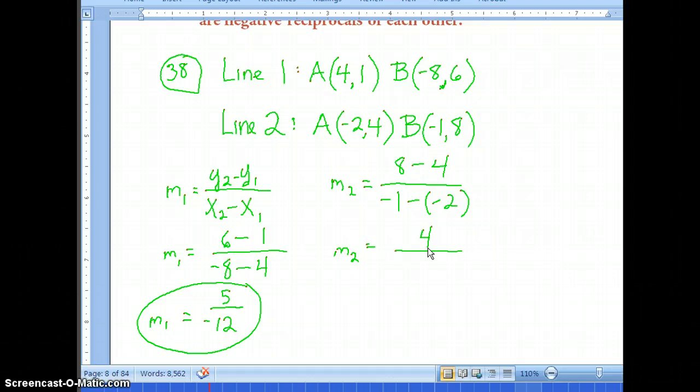And when I clean up the denominator, I get 1. That's correct. And 4 over 1 reduces to 4. And line 2 would be steeper.